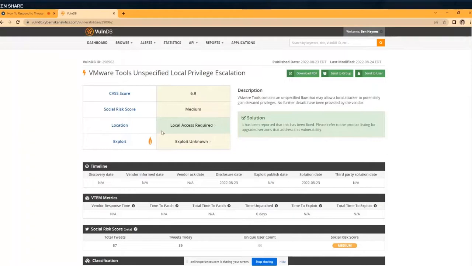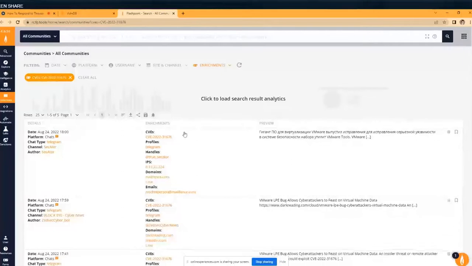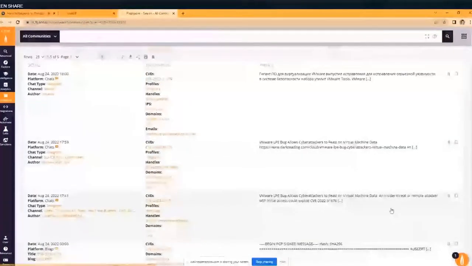Now, another thing that's interesting is I mentioned that we have integrations or touch points between us and the FP Tools threat intelligence data. So this little Flashpoint icon, this little flame, I can click, and that'll push me into FP Tools and show me mention data on this particular vulnerability. Right now, because it's new and there's not been a lot of really interesting conversation about it, there's only a couple mentions here, but I think even within the last hour or two, there have been some other things.